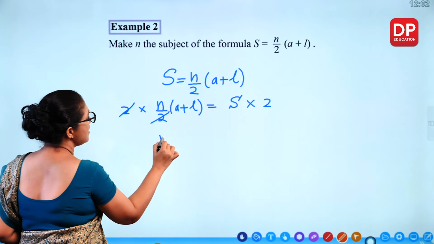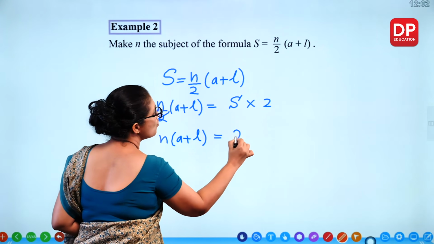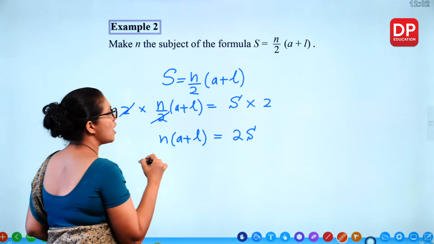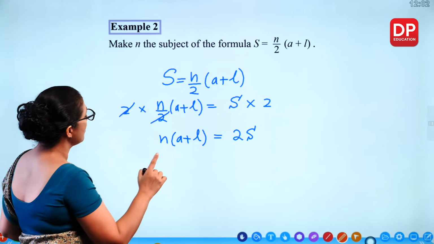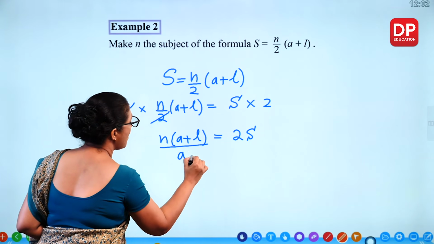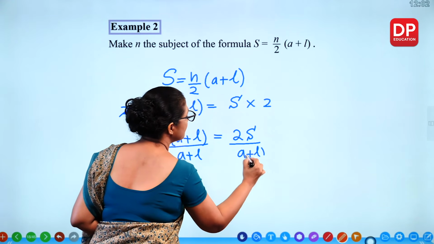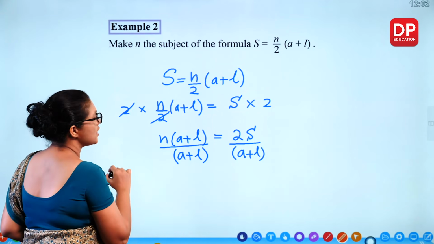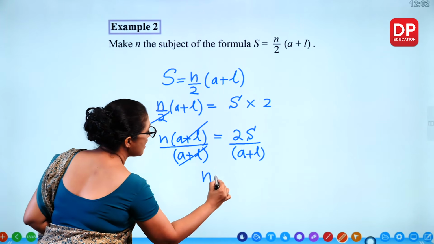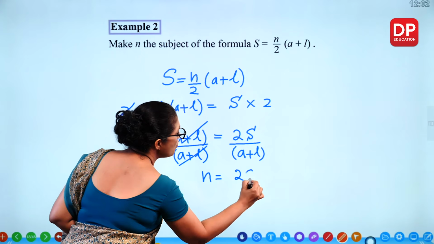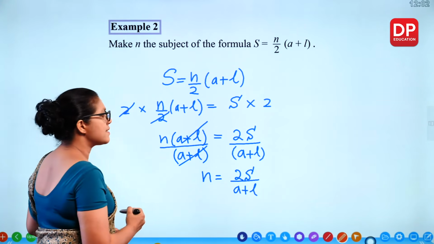I get N times A plus L equals 2S. 2 times S. Now we need N. Divide both sides by A plus L. So what happens? This gets cancelled out. And you get N is 2S over A plus L.